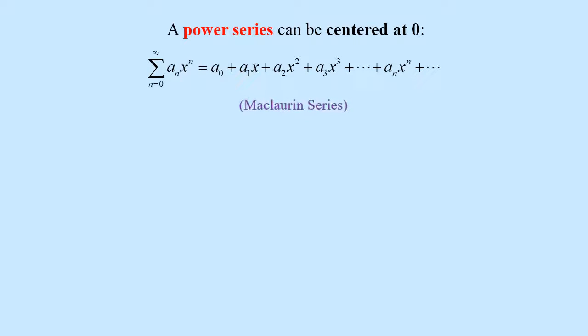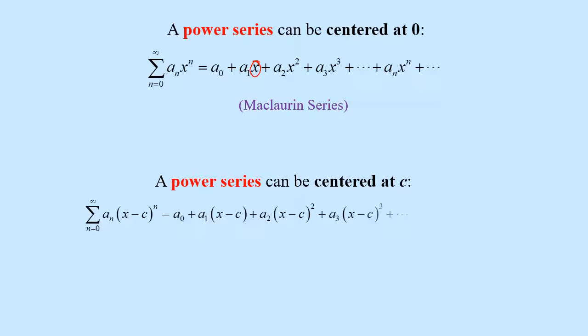We use the terminology centered at 0 simply to mean that we have no translation going on. This is just an x, not an x minus 1 or an x minus 2 or something like that. And so all of this is centered at 0. Here's what the ones look like that are centered elsewhere.